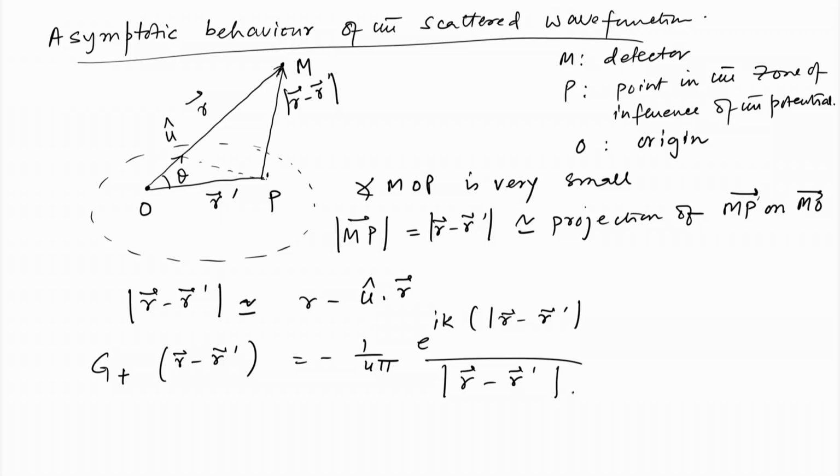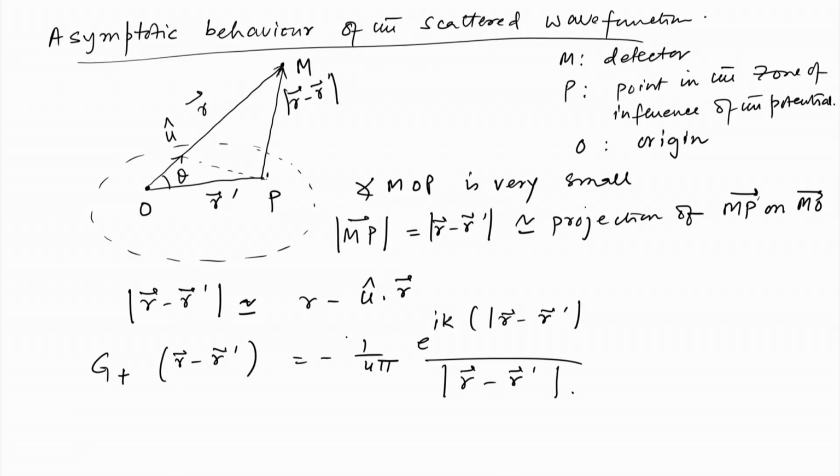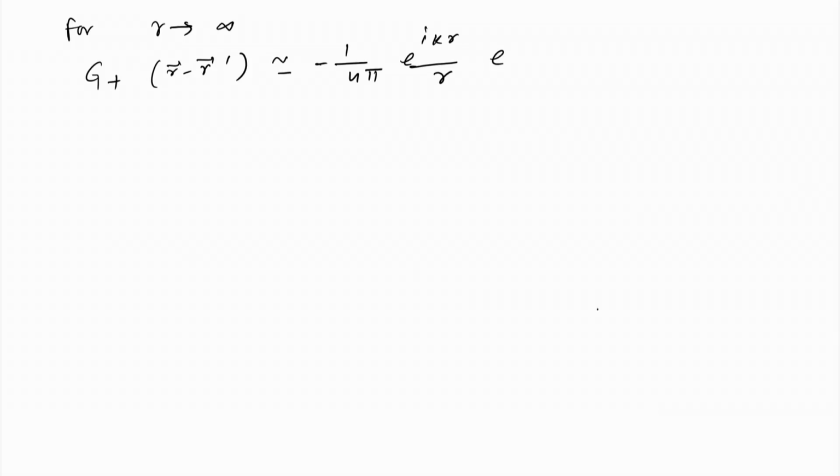So, for R going to infinity, G plus of R minus R prime is equal to minus 1 by 4 pi exponential i k R by R, and now I am writing this R minus R prime as R minus u cap dot R prime.